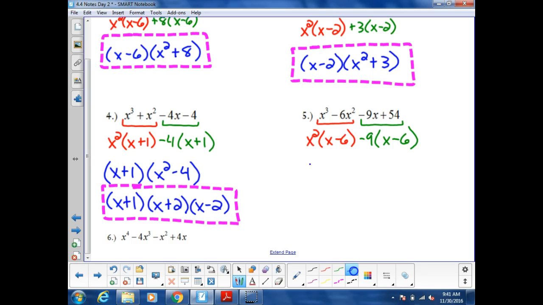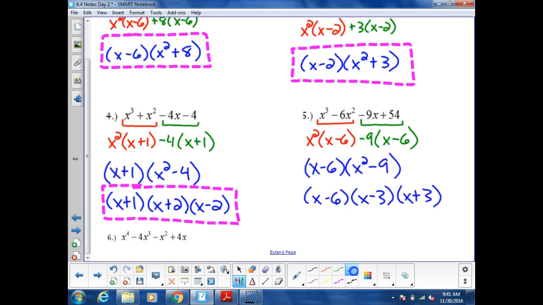X minus 6. X squared minus 9. Can I go any further? Yeah. What does it go to? X minus 3. Yep. X plus 3. Yep. Okay. Good so far on those 4.